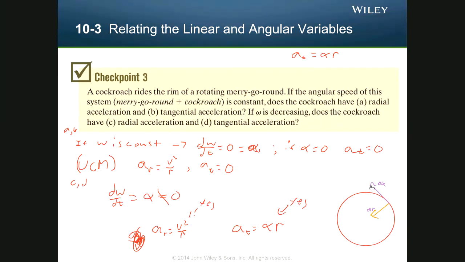But if you slow down or speed up, you might stay within the confines of the circle with a net acceleration, but you might be speeding up or slowing down. Okay? So I hope that makes some sense of it, and I hope it makes it a little easier to see. Any other questions on this one, or clarifications?